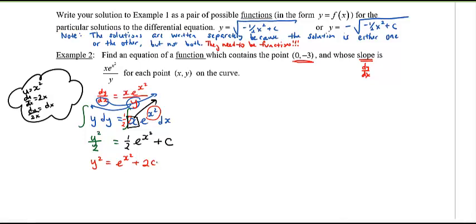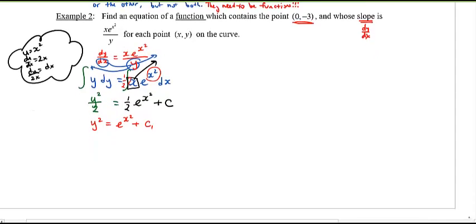But of course, it's a different constant. So, a lot of math teachers and books will just use a different notation for c, like c sub 1. Or if you don't like that, you can use d, whatever you wish. I'm just going to use c sub 1 in this case, just to show that this constant is different than the constant here, c in black. But nonetheless, it's just trying to solve for that constant anyways, in the end.